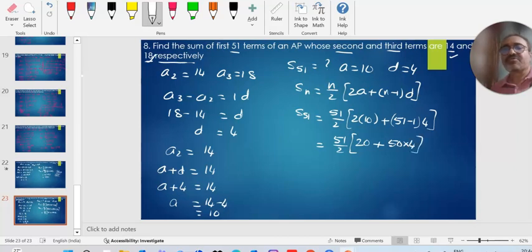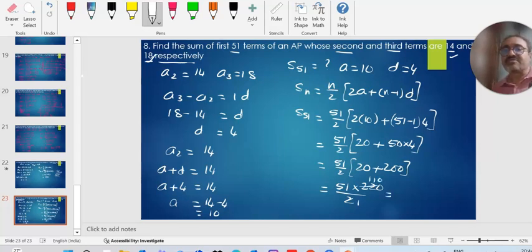50 into 4. So 51 by 2, 20 plus 200. That is equal to 51 into 220 by 2. So 2 ones are 2, 1/10.